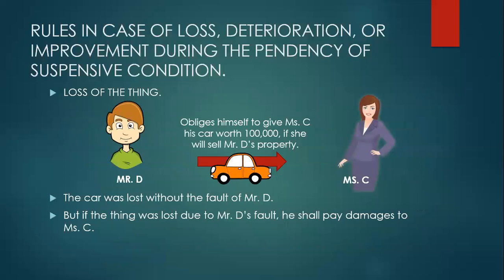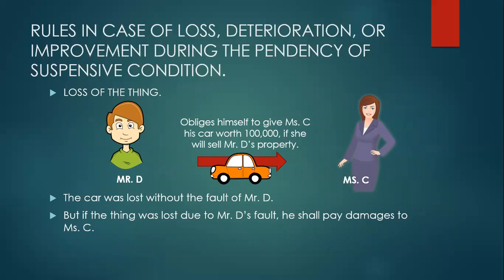Now let's start with loss of the thing. For example, Mr. D obliges himself to give Miss C his car worth 100,000 if she will sell Mr. D's property. So take note that the suspensive condition here is if Miss C will sell Mr. D's property. What if, for example, the car was lost without the fault of Mr. D?